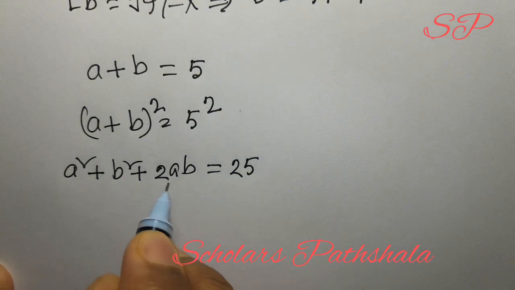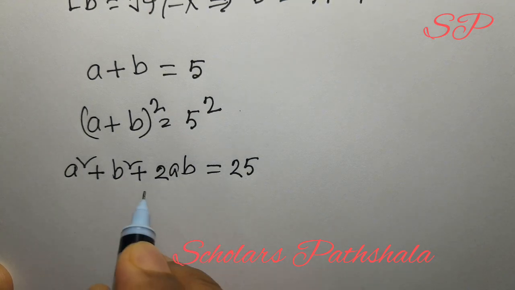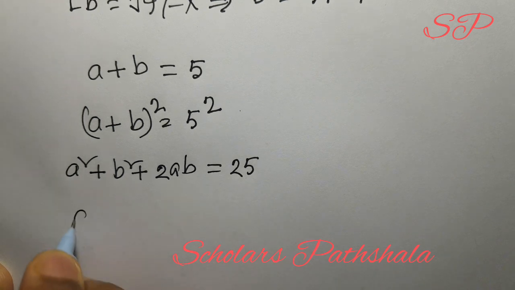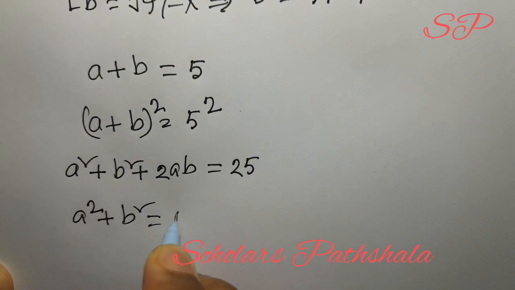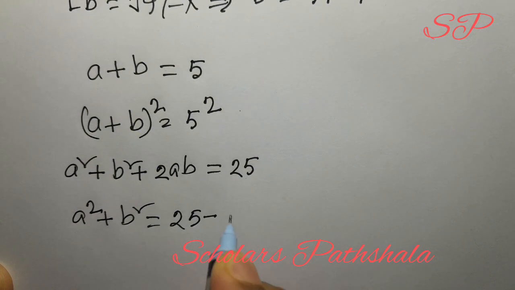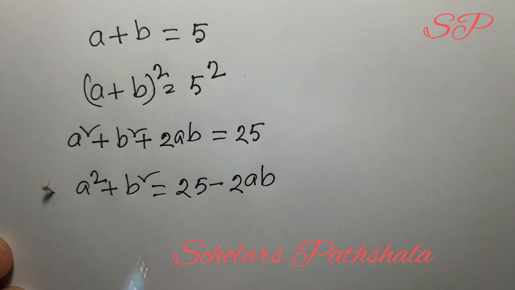Then we transfer 2ab from the left side to the right side, so we can write a square plus b square is equal to 25 minus 2ab.